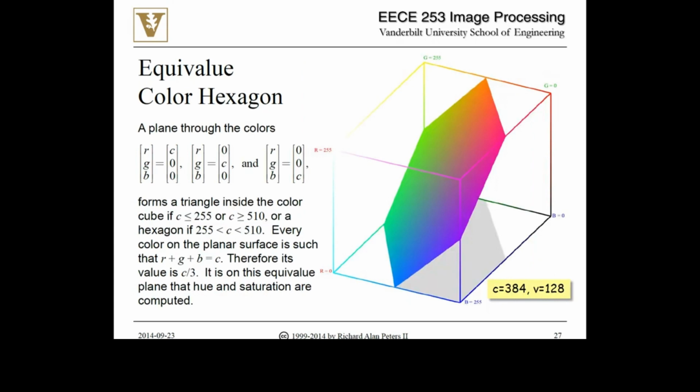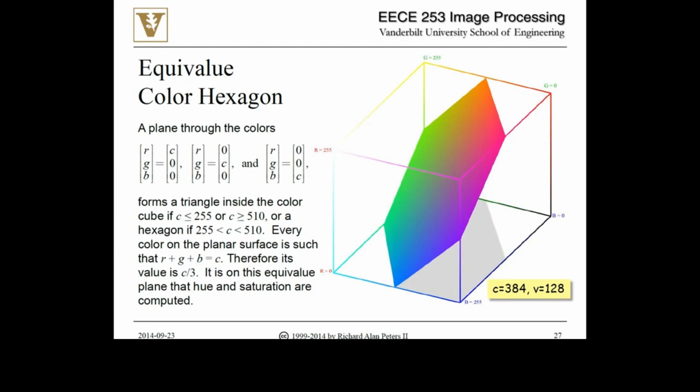What about if C is larger than 255? If C is larger than 255, then the intersection of the R plus G plus B equals C plane with the color cube is no longer a triangle. It is a hexagon. So between 255 and 510, it is a hexagon. Beyond 510, it is a triangle again.